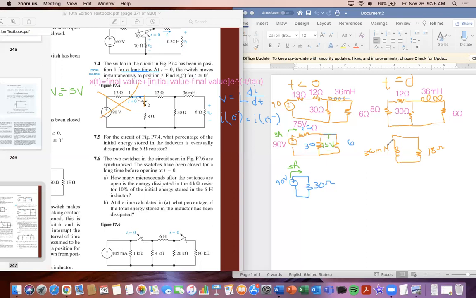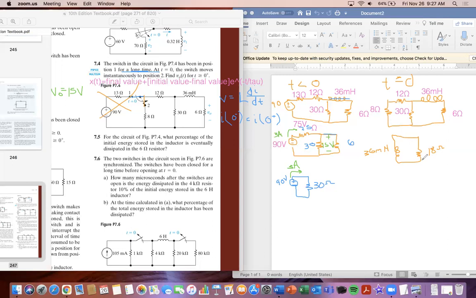So now let's think about it. What's going to happen with this circuit? We want to find that voltage drop for the final value. An inductor over time, all that energy is going to be dissipated to this 18 ohm resistor here.